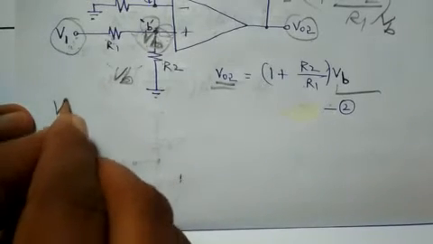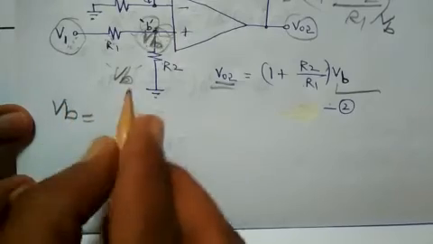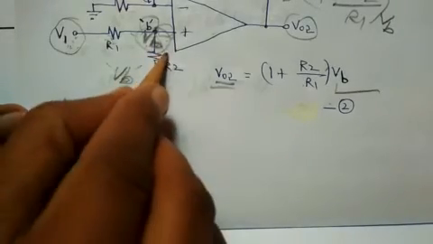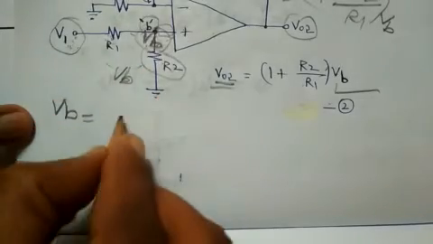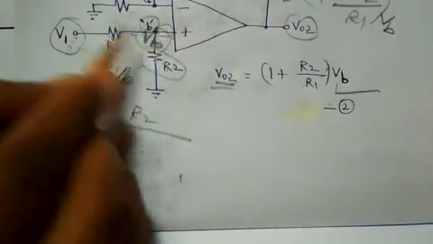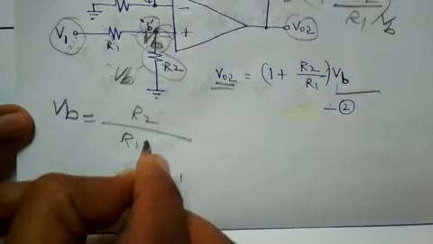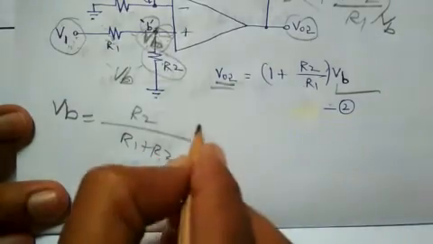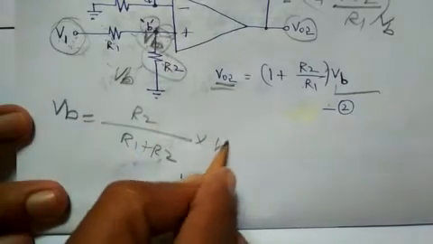The output of the potential divider VB equals the component of the potential divider which is directly grounded, divided by the addition of both the components involved in dividing the potential, that is R1 plus R2, multiplied by the source to the potential divider, that is V1.